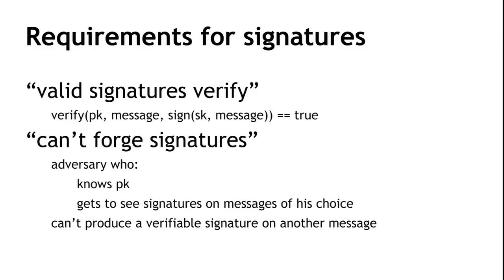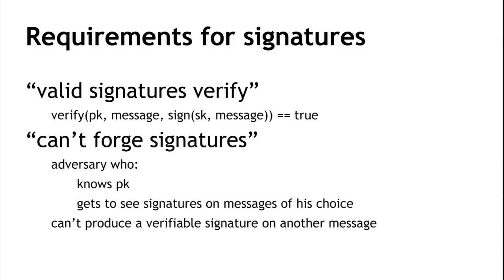This says that signatures are useful at all. The second thing you want is that it's impossible to forge signatures. That is, an adversary who knows your public key, your verification key, and gets to see signatures on some other messages, can't forge your signature on some message that he wants to forge it on.